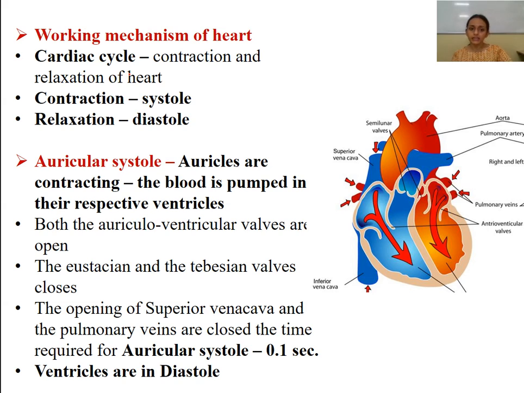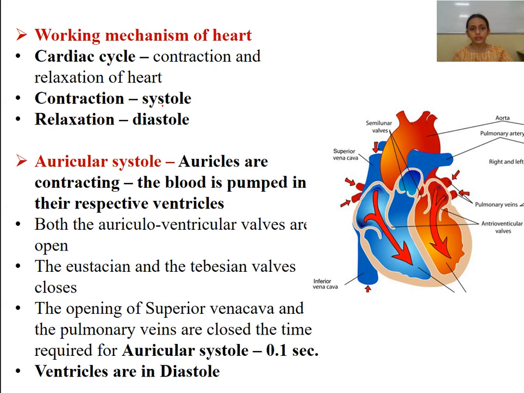Now the cardiac cycle is nothing but contraction and relaxation of the heart. Through this contraction and relaxation, the blood is pumped through the heart. In scientific terms, when we are studying the working mechanism of the heart, contraction will be called systole and relaxation will be called diastole.